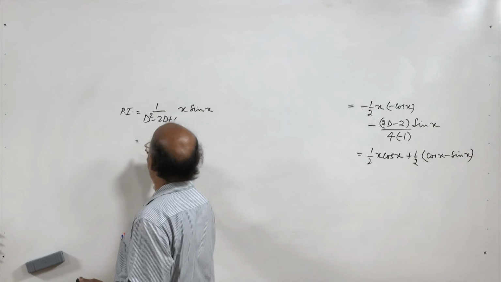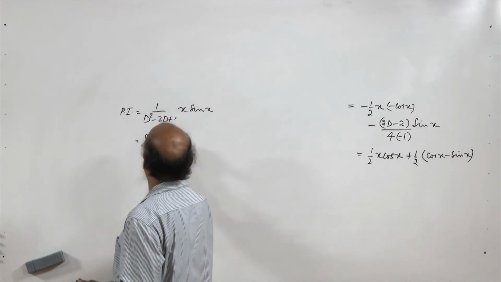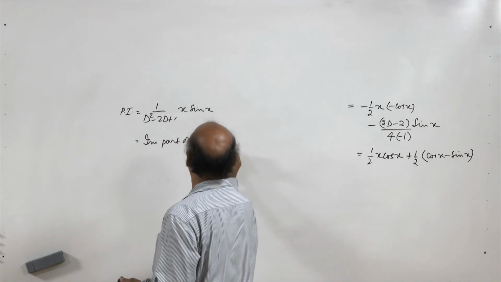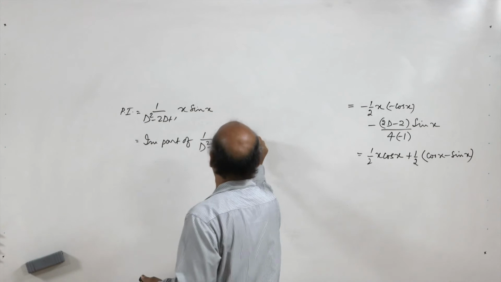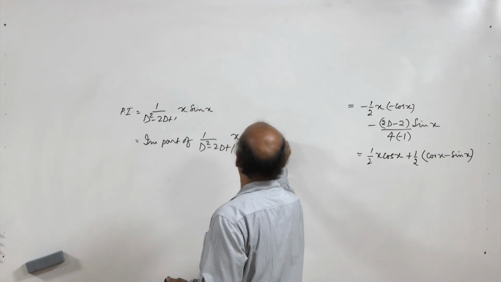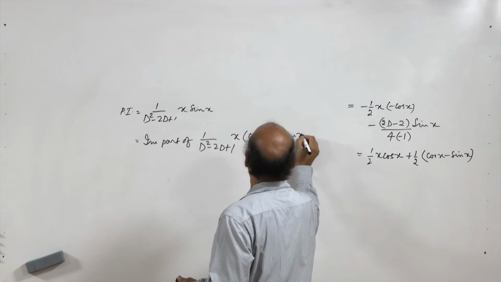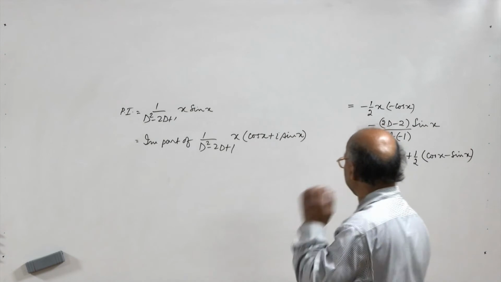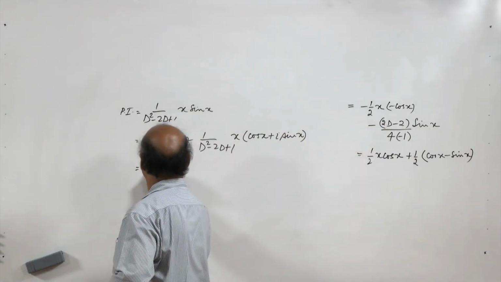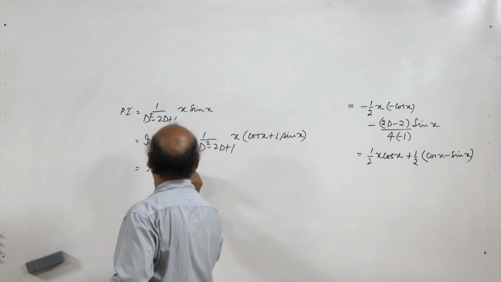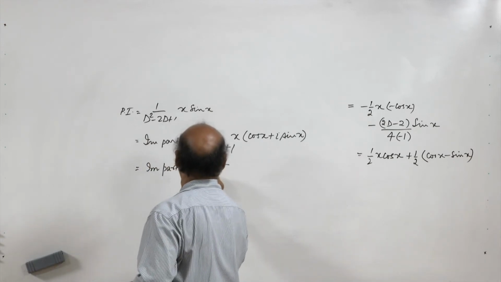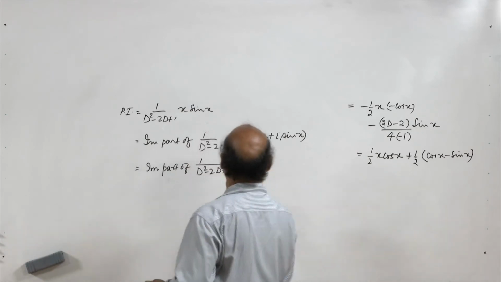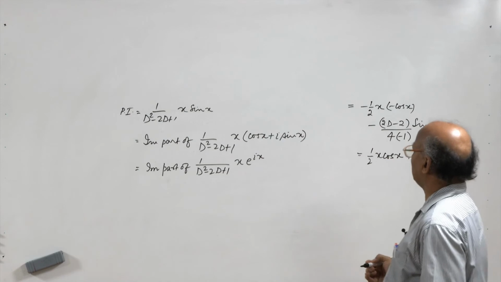What we do is we can write it as the imaginary part of 1 over D square minus 2D plus 1 operating on x times cos x plus i sin x. x sin x is the imaginary part of x times cos x plus i sin x. Now, this is equal to the imaginary part of 1 over D square minus 2D plus 1 operating on e to the power ix, because e to the power ix is cos x plus i sin x.